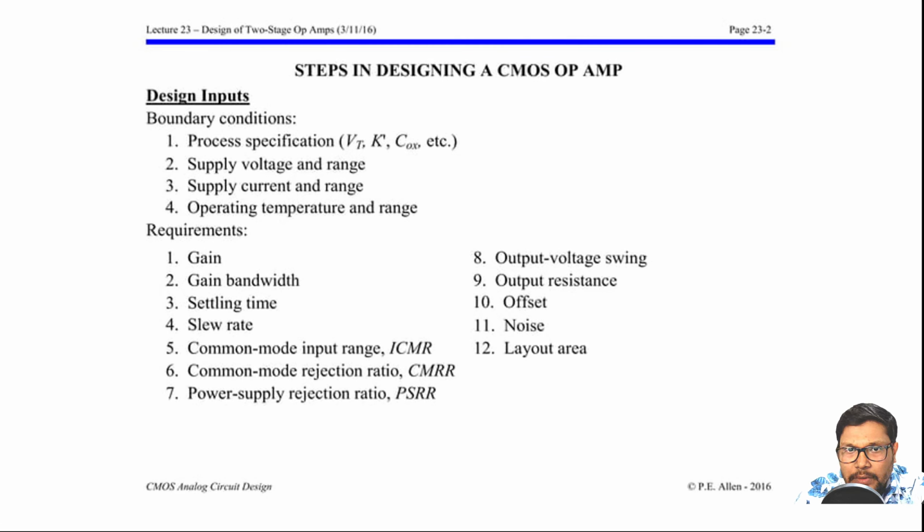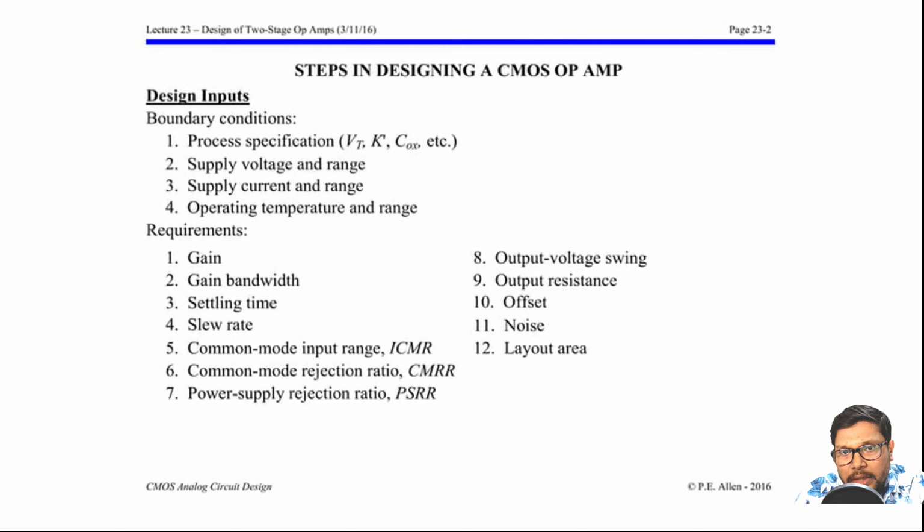What is the supply voltage and what is the range of the supply voltage, like plus or minus 10% of that supply range, or more or less. We have to design so that within that supply voltage range, our requirement should be maintained. The supply current will also be calculated from the slew rate, or otherwise it will be given.